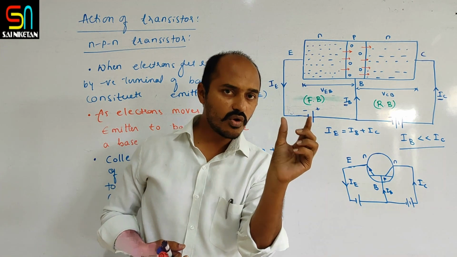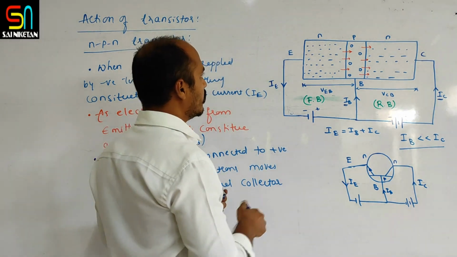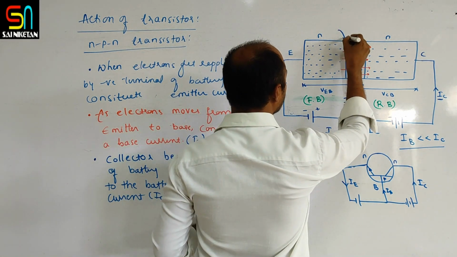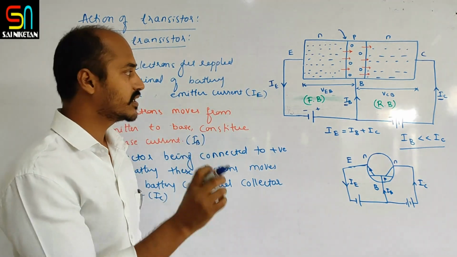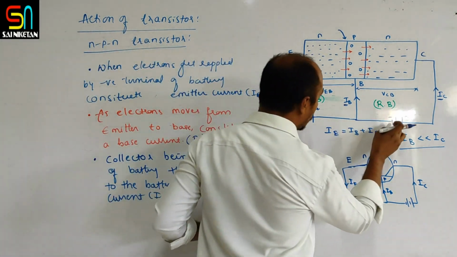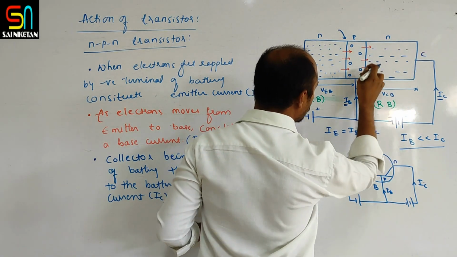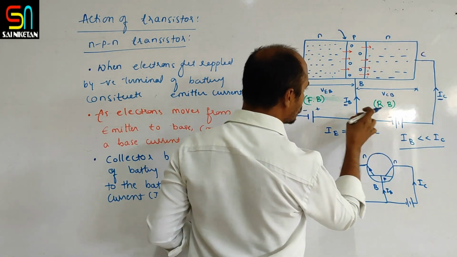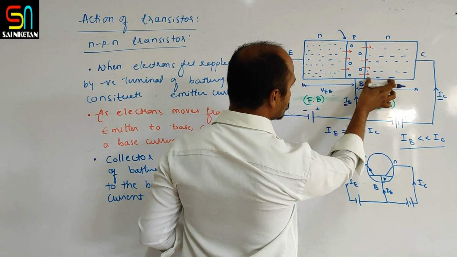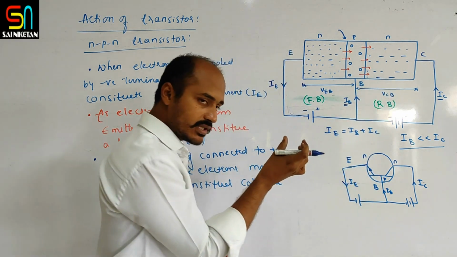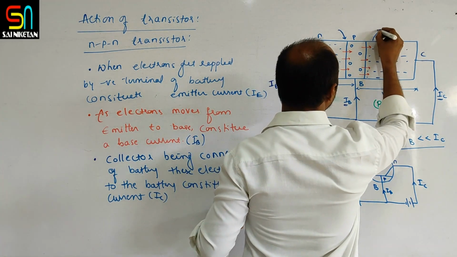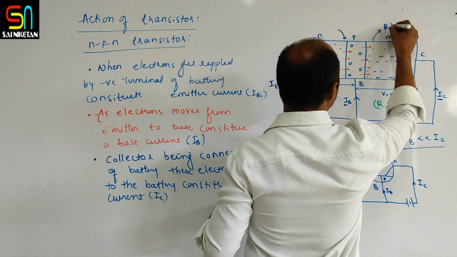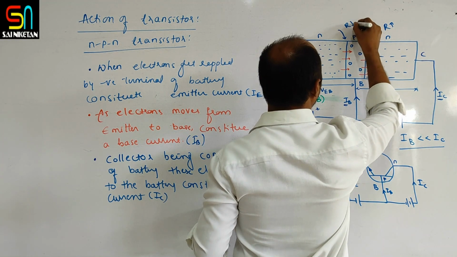As the depletion region reduces, the resistance in this region is getting reduced. Since this other junction, or depletion region, is connected in reverse bias, the depletion region goes on increasing. If the depletion region increases, the resistance in this region increases, and here the resistance decreases.